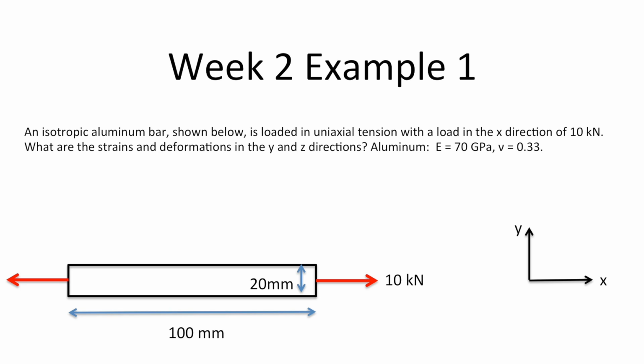It's the same bar, but this time we're asked to find the strains and the deformations in the two other directions, in the y and the z directions. So we start by thinking about what Poisson's ratio is. We said in class that Poisson's ratio was the negative ratio of the strain in the lateral direction relative to the strain in the direction of the applied stress.